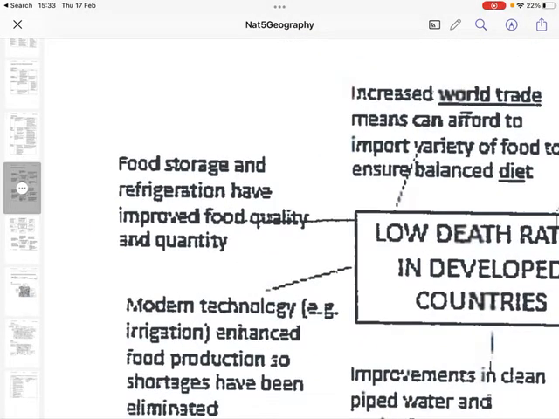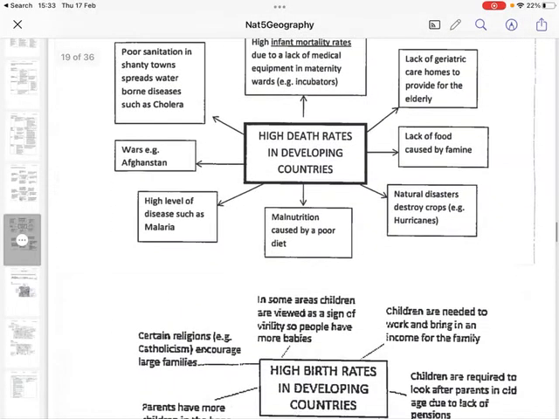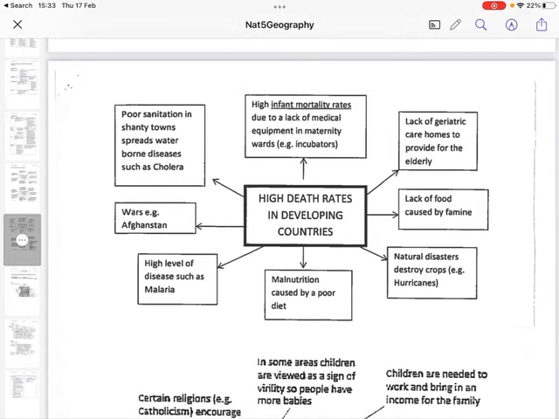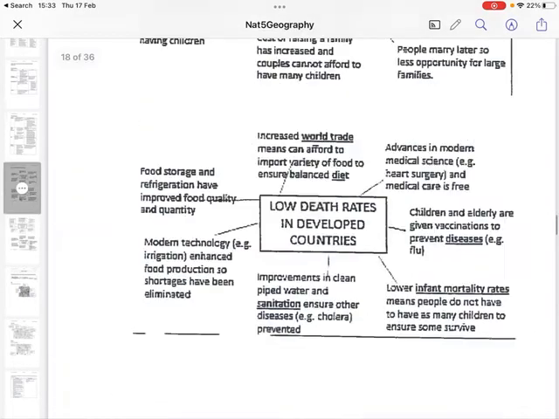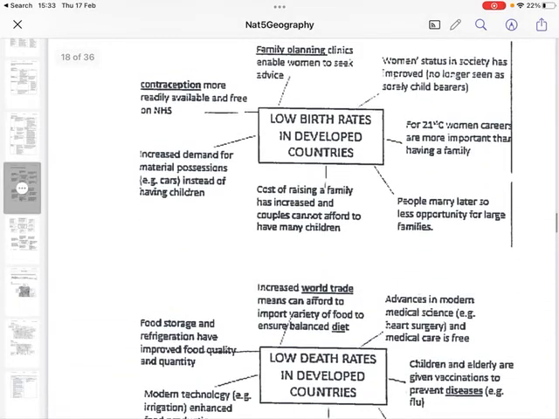They don't have a food shortage and they have refrigeration to improve food quality and quantity. And you say the death rate is much higher in Kenya and then give any of these reasons. So you're just picking 6 of these boxes essentially where it fits. 2 from each one should get you your 6 marks. At least. You know you're going to be writing more than that, like 8 points, but just to keep yourself right.